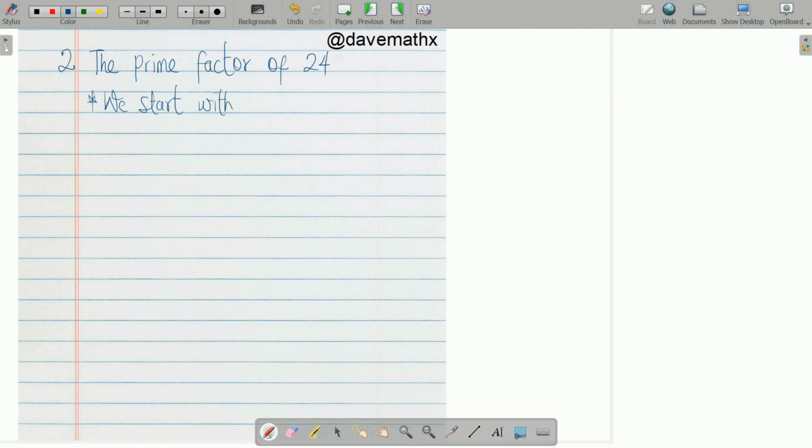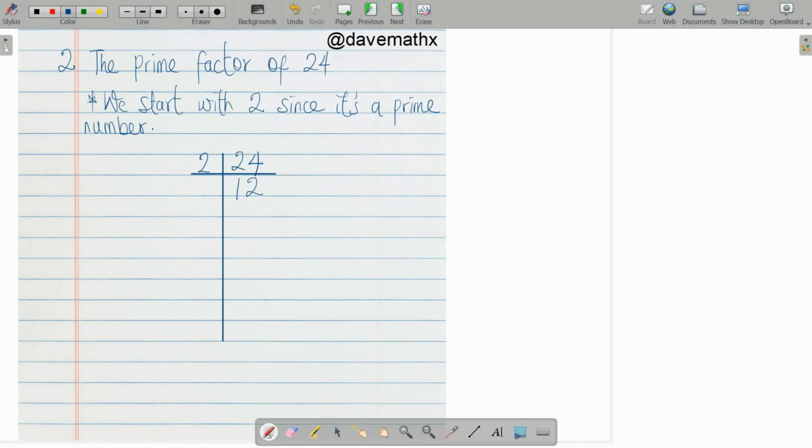Since 2 is both a prime number and a factor of 24, we begin with it. 24 is divided by 2 first, and the result is the following.